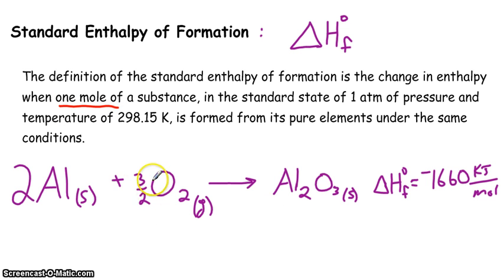That's why we have a fraction here. So 2 moles of aluminum plus 1/2 mole of oxygen will make 1 mole of aluminum oxide. The amount of energy released in that process is 1,660 kilojoules.